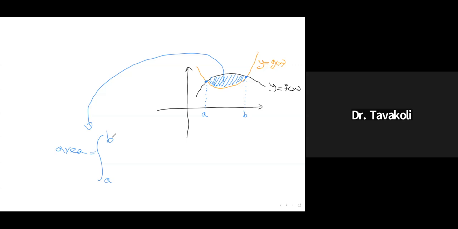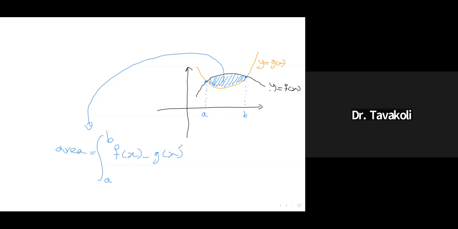In this example, which graph looks higher? F of x is higher, f of x first, g of x smaller. What I mean here is over the interval from a to b. From a to b, f of x is above g of x. I'm not talking about before a or after b.